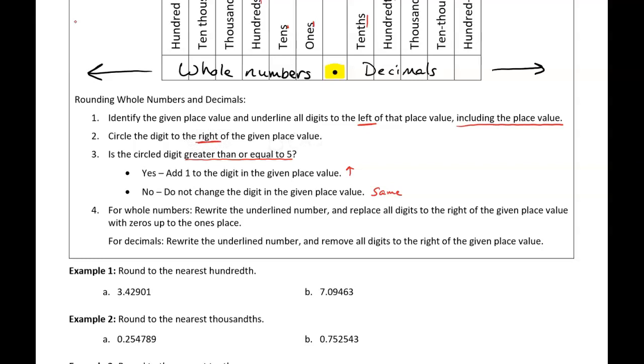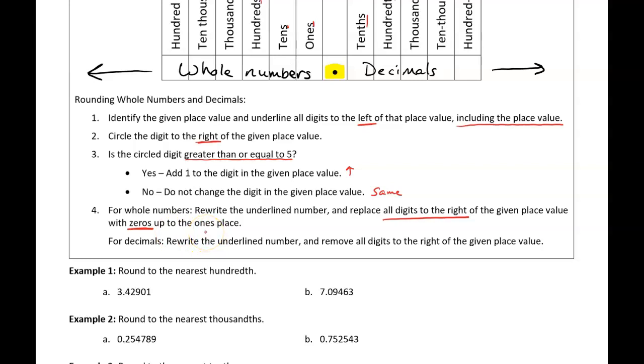Now what happens once we make that determination? Our fourth step, if we are rounding whole numbers, is to rewrite the underlined part, including the digit we potentially changed in our third step, and replace all digits to the right with zeros up until we get to the ones place.